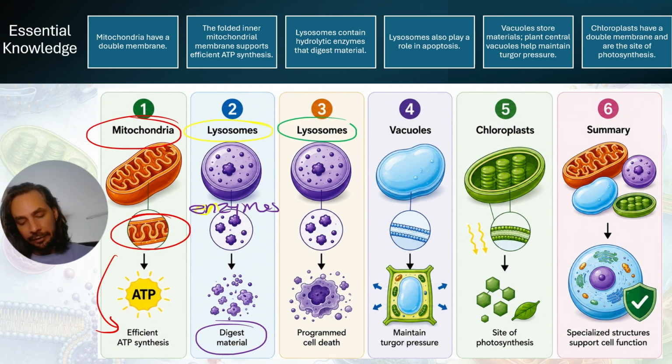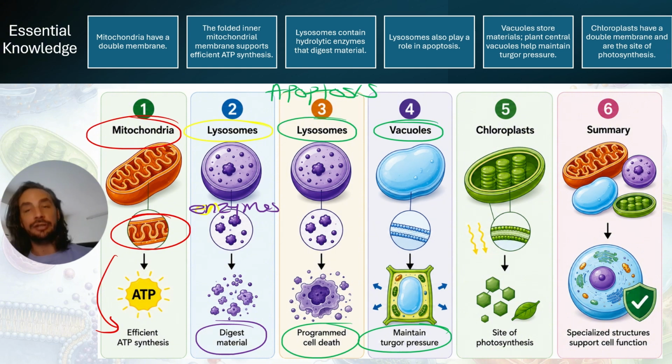Lysosomes also play a very important part in apoptosis, which is a programmed cell death. It's very orderly, it's very controlled. And then we have vacuoles that maintain turgor pressure in plants, and they store water and minerals.